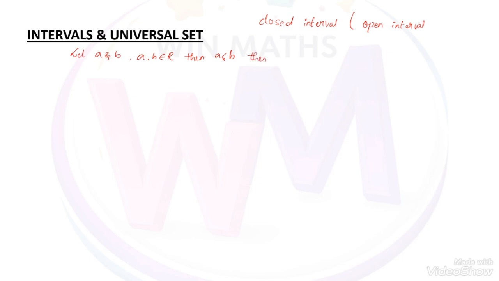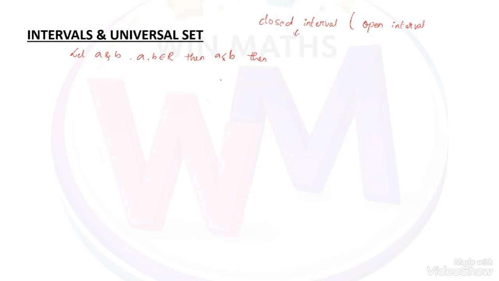Closed means the endpoints. For these two elements A and B, all the numbers including A and B are called a closed interval. The endpoints should be included in that interval. Open interval means we don't consider the endpoints; we have to neglect the endpoints.